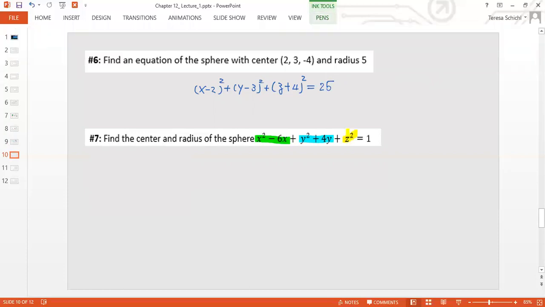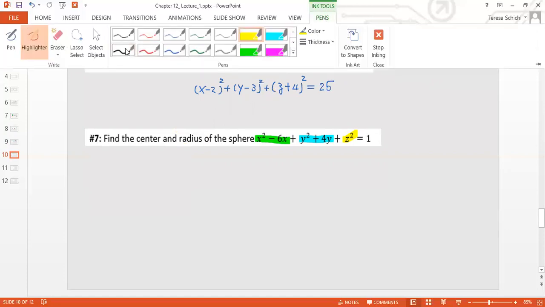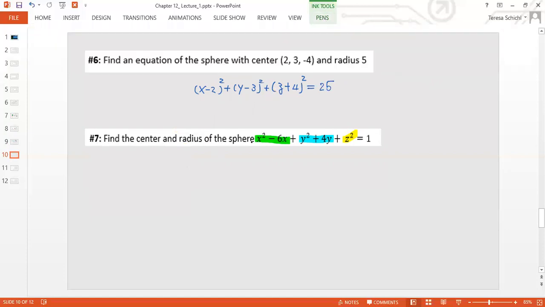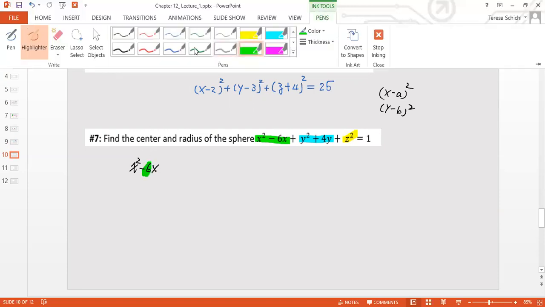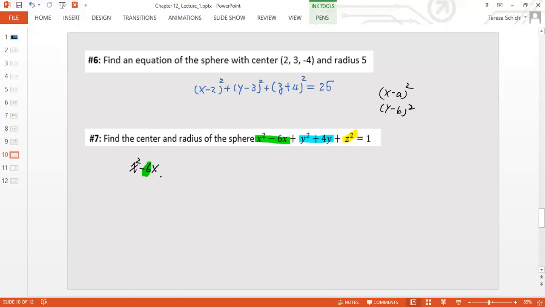The z is good, but for x and y we need to complete the square, so we can write x minus a squared and y minus b squared. Here we have x squared minus 6x. Do you still remember how to complete the square? You divide this number by half, which is 3, then you add 9, which is 3 squared.